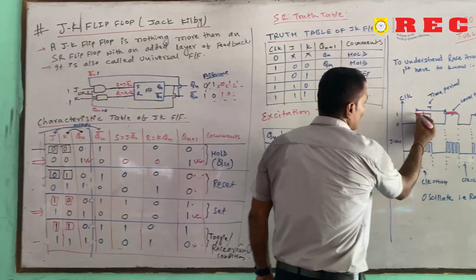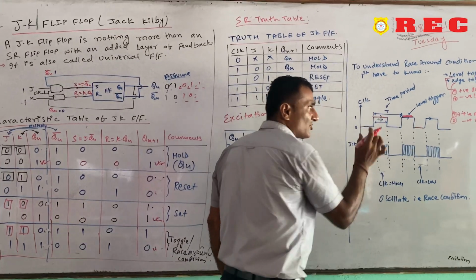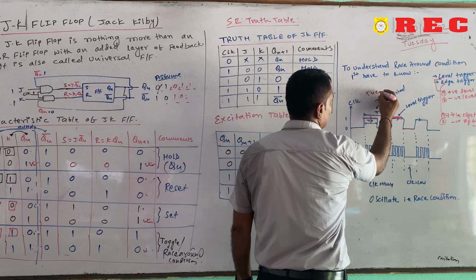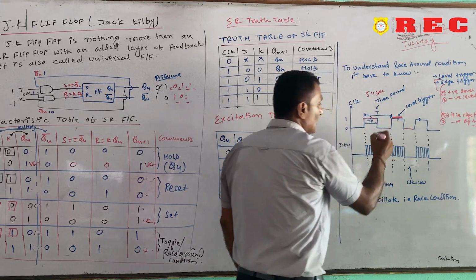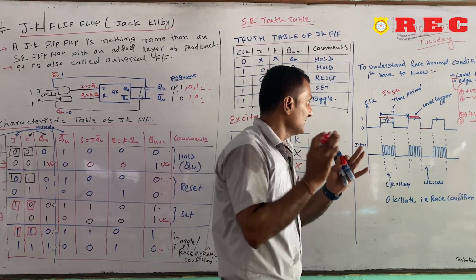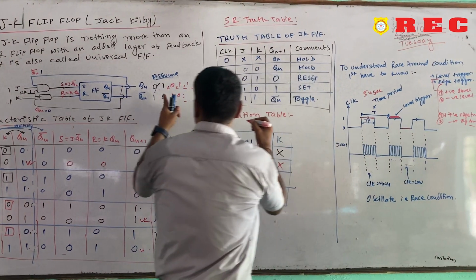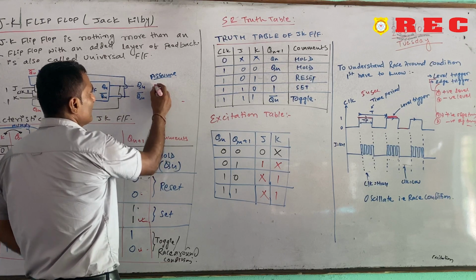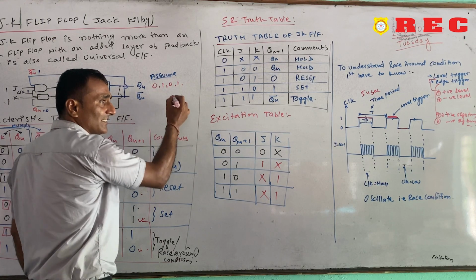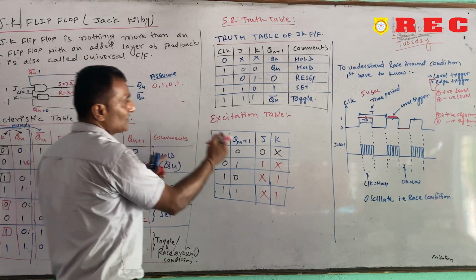Suppose this clock pulse is in nanoseconds, and the level of this clock pulse is, suppose, 5 nanoseconds. So in the duration of 5 nanoseconds, what happens? The output changes from 0 to 1, 1 to 0, 0 to 1, 1 to 0, 0 to 1.